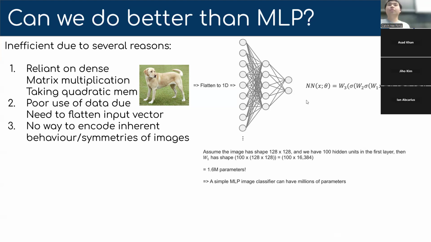Now, another problem with these multi-layer perceptrons is that they're not really well suited to handling images. They're only suited to handling vectors. So we have to take this 2D grid of pixels and flatten it into a one-dimensional vector instead, and this loses a bunch of information from the image. Because if you cut up an image into slices and stitch them together, you wouldn't recognize it as a dog in the end.